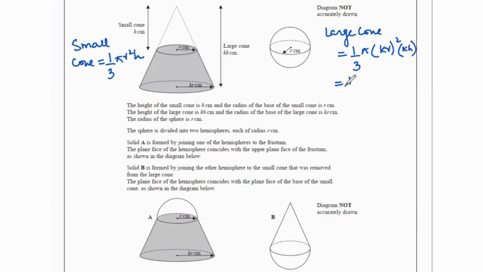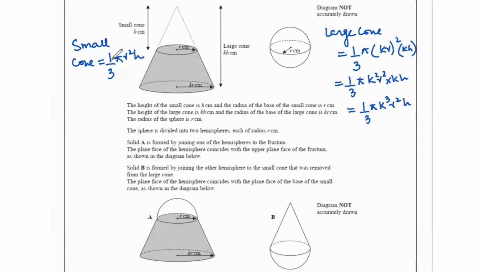So that's 1 over 3 pi k square r square times k times h, which is 1 over 3 pi k cube r square h.